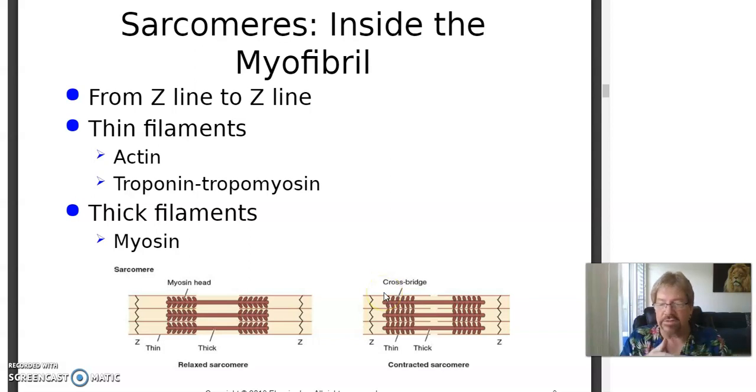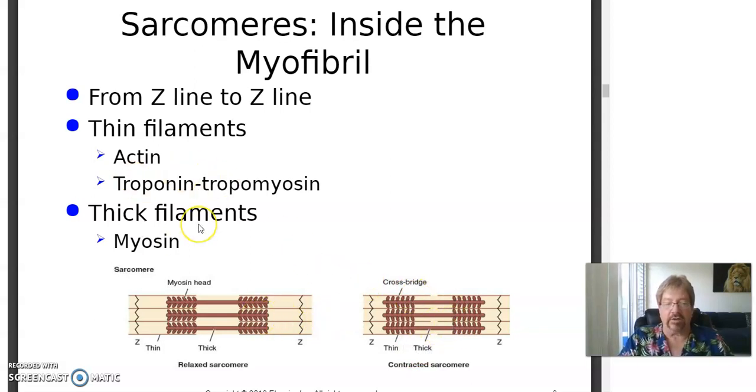So when the muscle is stimulated by a nerve, they go and pull it down and make it shorter. They bring the Z lines together from here to like so. Now this picture here, see, here's a relaxed sarcomere. Here's a contracted sarcomere. There's not much difference. I wish for the sake of the picture they'd have made it really obvious, but they didn't.